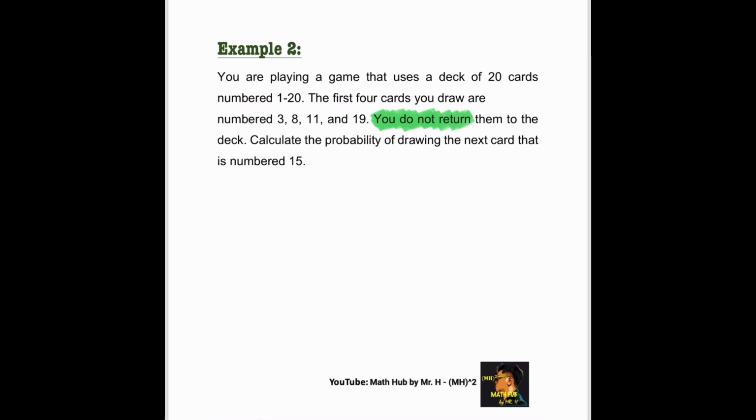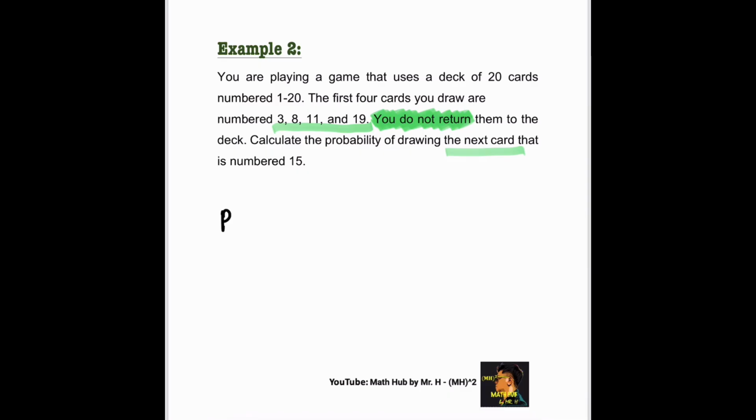The part that will be affected is the total number of possible outcomes, because you are now picking the next card, but all 4 cards have already been picked and not returned, right? So the denominator of the fraction is not going to be 20 anymore, because 4 cards have been removed.